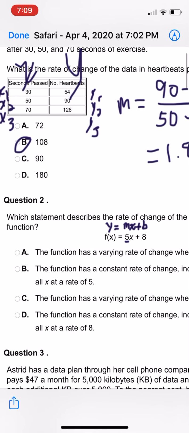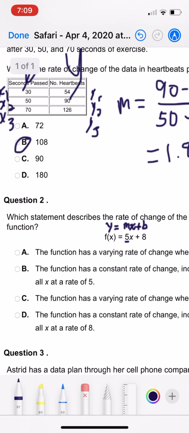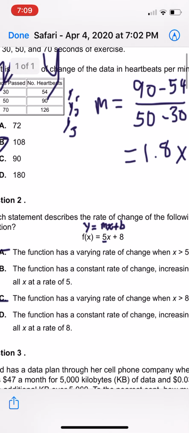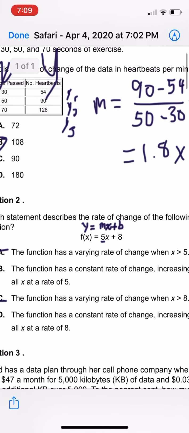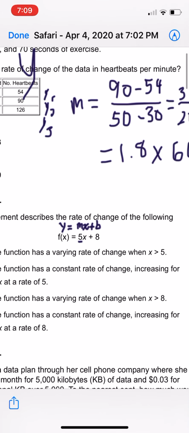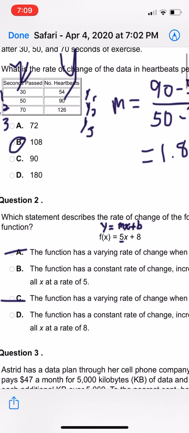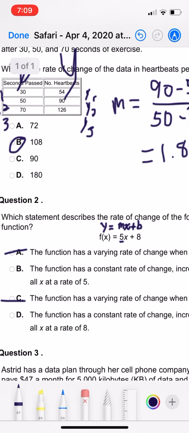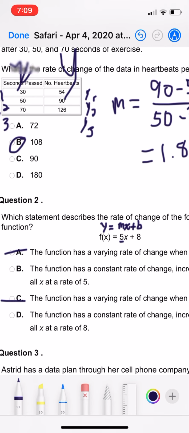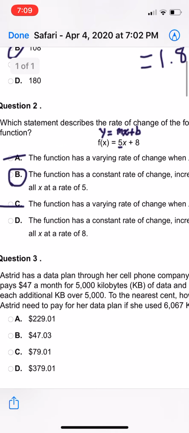So anytime you see something that says varying, it's not true, okay? And B says increasing for all x of 5. And D is saying that the rate of change is 8. Well, the slope is 5, therefore the rate of change is 5. So your answer here is B. Okay.